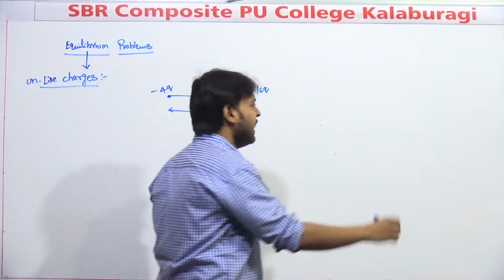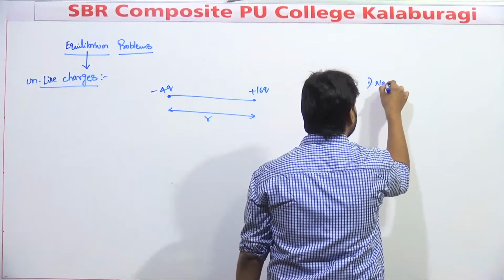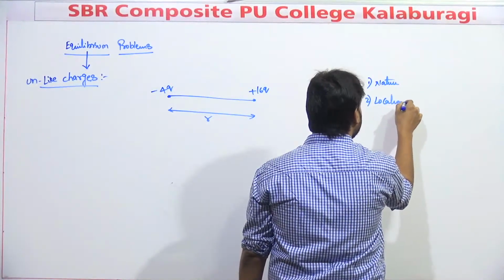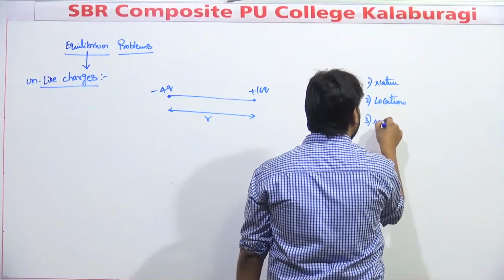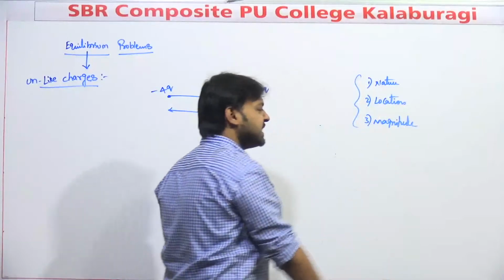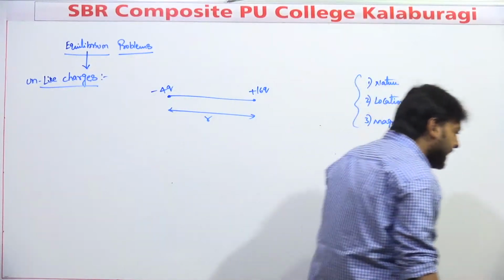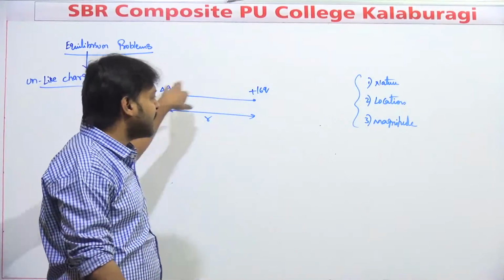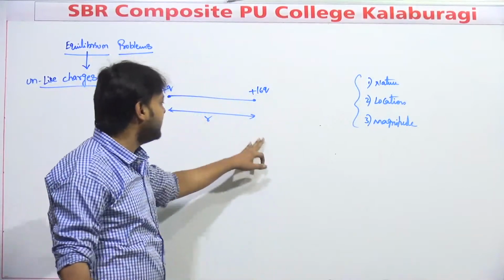The question is the same: find the nature, location and magnitude of the third charge such that the system will be in equilibrium. Minus 4q and plus 16q separated by distance r.